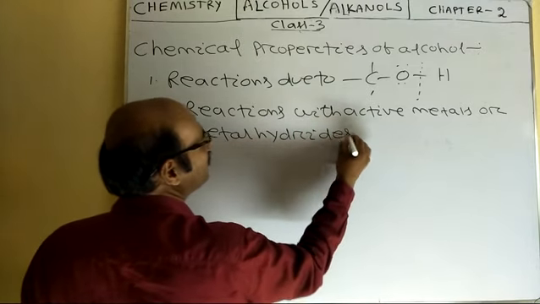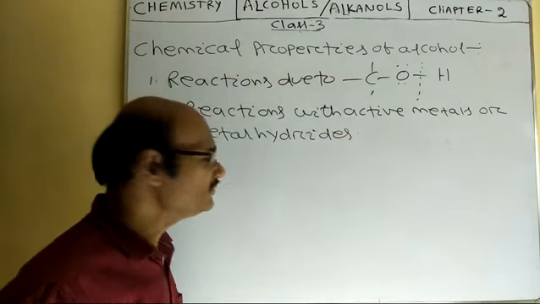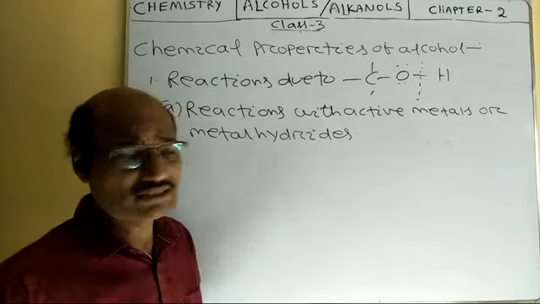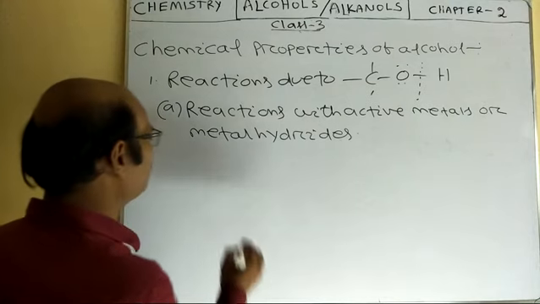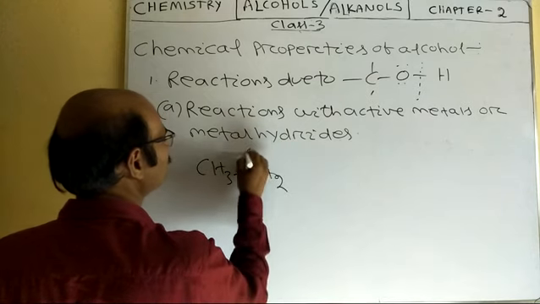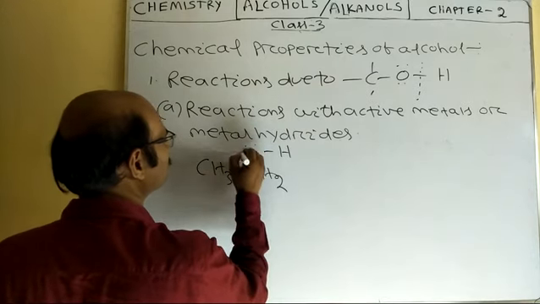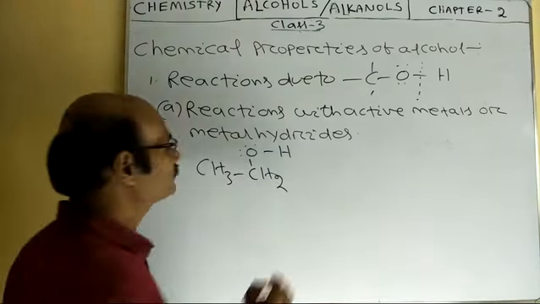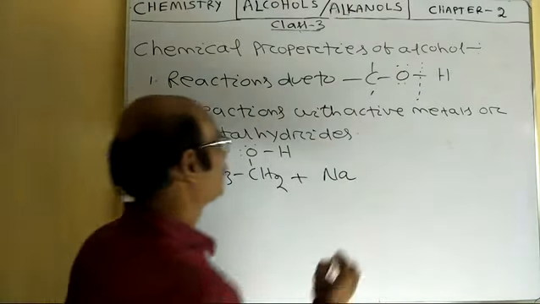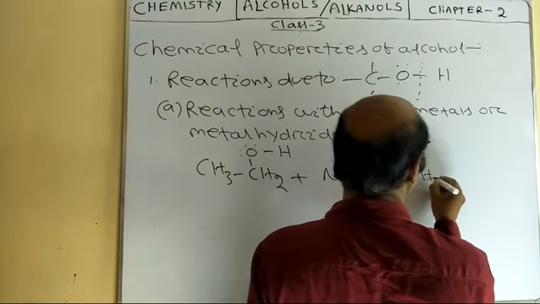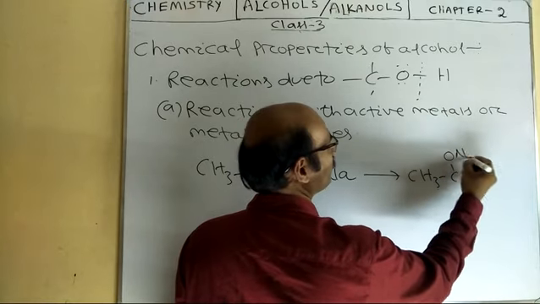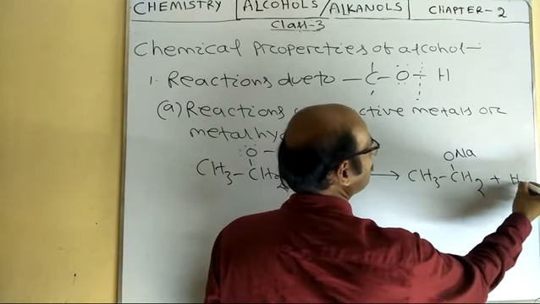How are these alcohols reacting with the metals or metal hydrides? If I take CH3CH2OH, alcohol, plus sodium metal, I will get CH3CH2ONa plus H2.